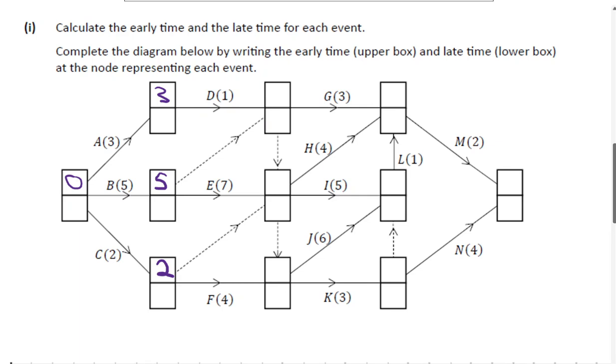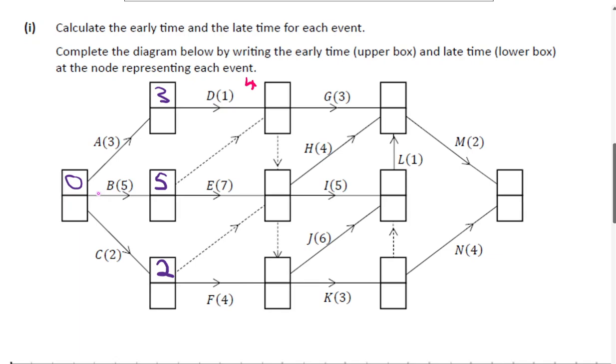So the way I work through this is I write the numbers, what options we have, what the possible times are, and then we see what the earliest possible time is. If we go from A to D, that's 3 plus 1, so 4 is one option.